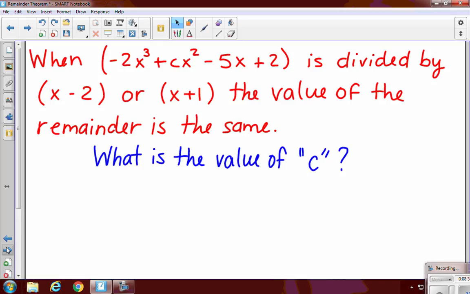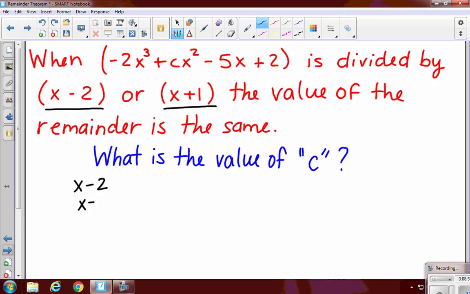So this one's taking it a little bit further in the sense that it's saying, I can divide it either by this divisor or this divisor, and that means my remainder is the same. So really, we should be able to tell that x minus 2 from the remainder theorem, I can put a 2 in to determine my remainder. And from this other factor, x plus 1, I could put a negative 1 in to determine my remainder.